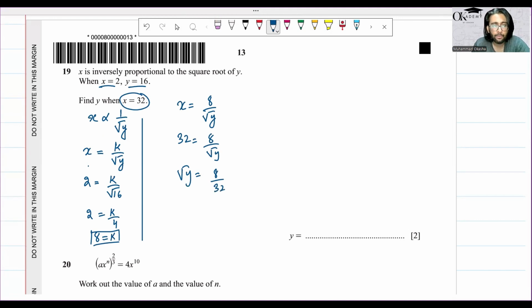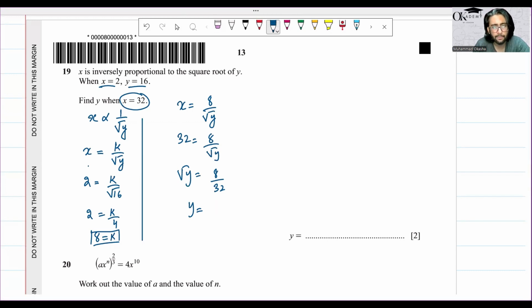If I were to square both sides, I should get y is equal to 8 over 32 whole square.